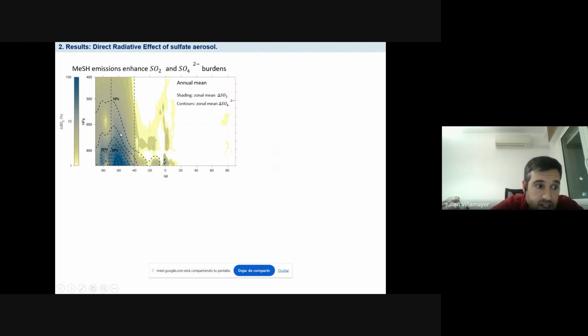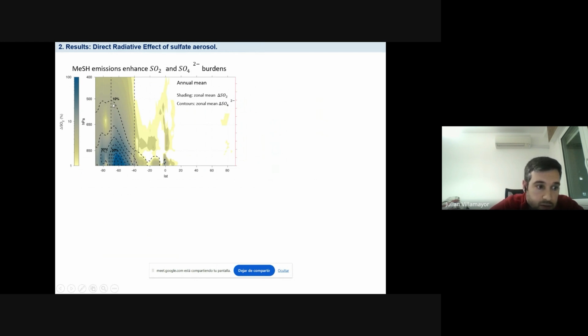At the same time, this effect also enhances significantly the formation of sulfate aerosol, represented in contours, up to 70% here near the surface, around 65 degrees south. The increment of sulfate aerosol extends notably throughout the southern hemisphere, with up to 10% additional sulfate aerosol in the middle troposphere all across the Southern Ocean.